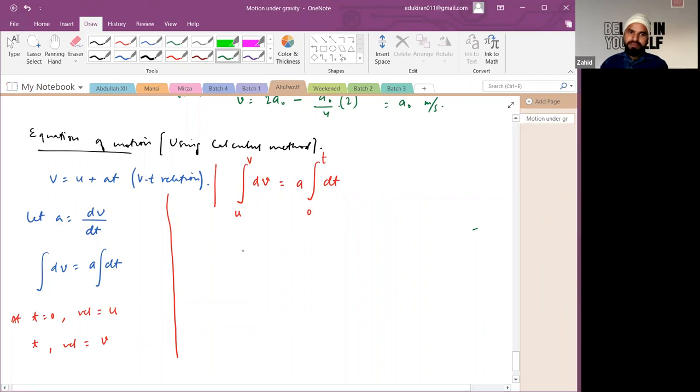Now on solving dv, it will become v with upper limit and lower limit, is equals to a, dt on integration will give you t with lower limit and upper limit. Put the value of v as upper limit, so it will be v. Similarly lower limit, so it will be u, and a negative sign in between. Similarly for this part, put the value of t as upper limit, so it will be t, and lower limit as 0. On simplifying it, you will get v is equals to u plus a times t.